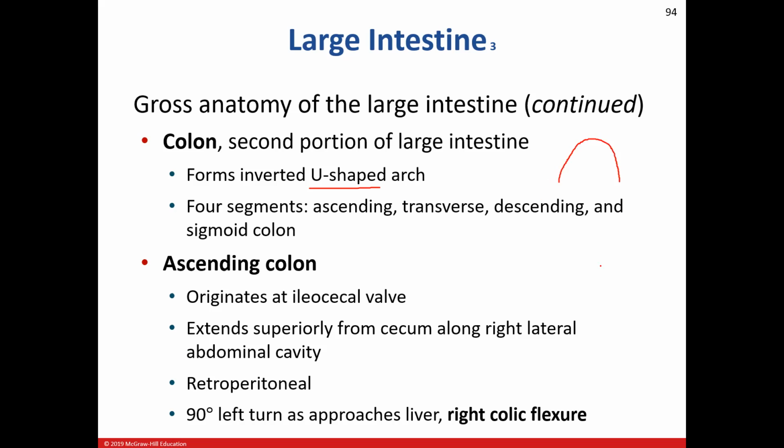As we ascend from the cecum, we hit the first portion, which we call the ascending colon. The ascending colon is retroperitoneal, so it sits behind the serous membrane of the peritoneum. It travels superiorly up towards the liver and comes to a 90-degree turn, which we refer to as the hepatic flexure, also known as the right colic flexure.